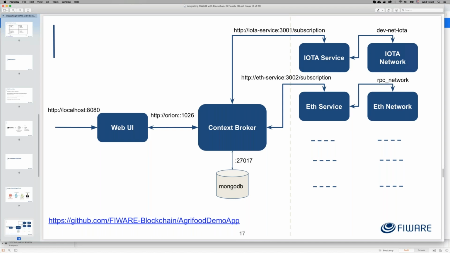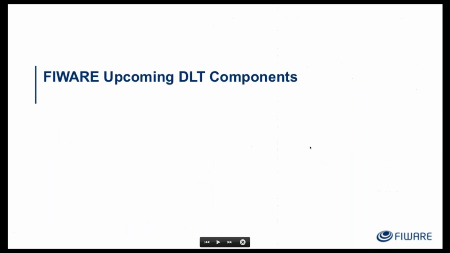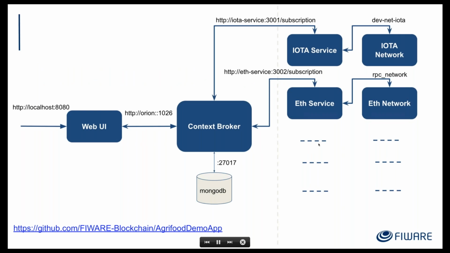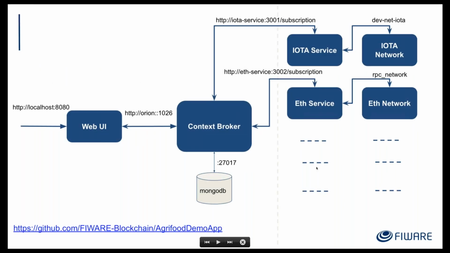Here I've given you a small demo of how we can leverage IOTA and Ethereum, but there could be a number of possibilities, maybe a Hyperledger Fabric network with a chain code connected to a service, and maybe Hyperledger Sawtooth, which I'm planning to demo in the next webinar.